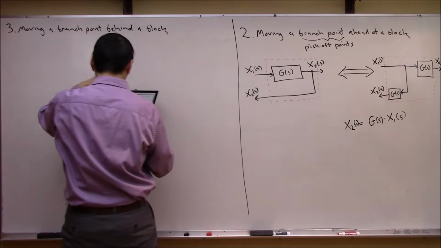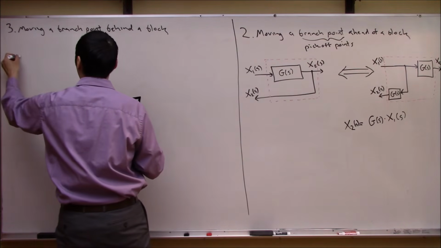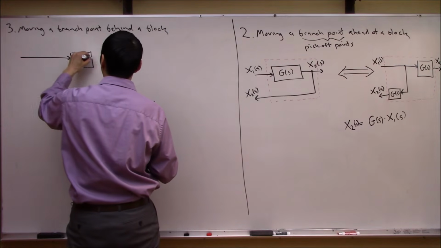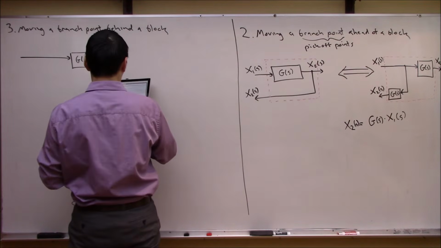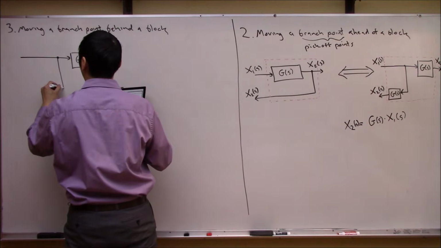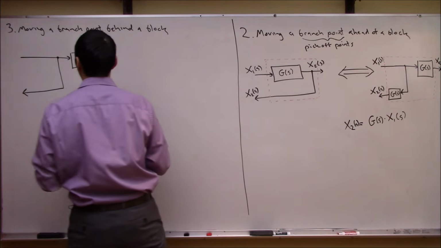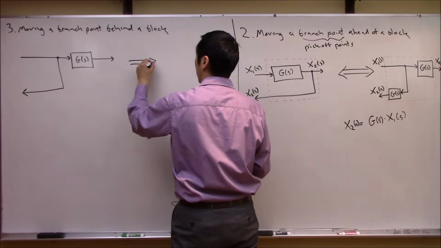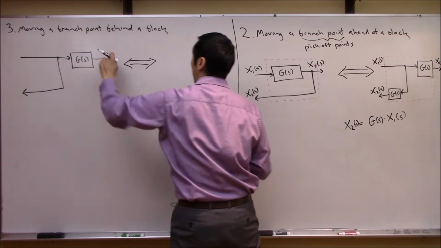Okay, so what that means is you've got a diagram that looks like this. You've got a G of S here, and the branch point is in front, something like that. And what I'd like to do now is make this equivalent to taking this branch point and moving it behind the block.